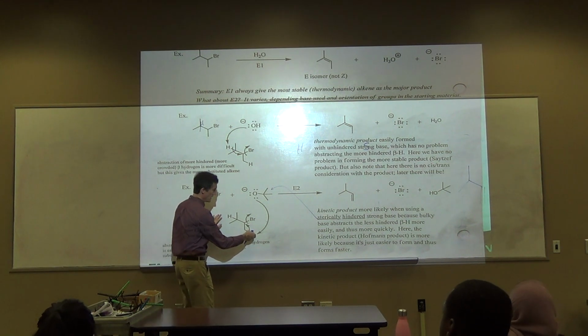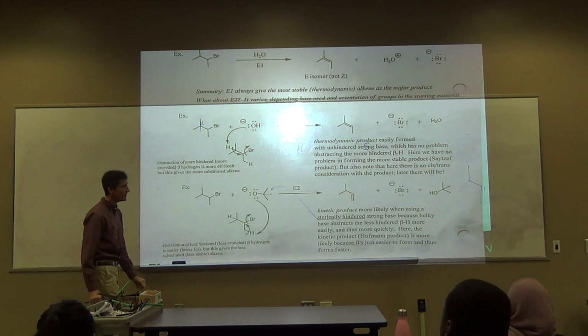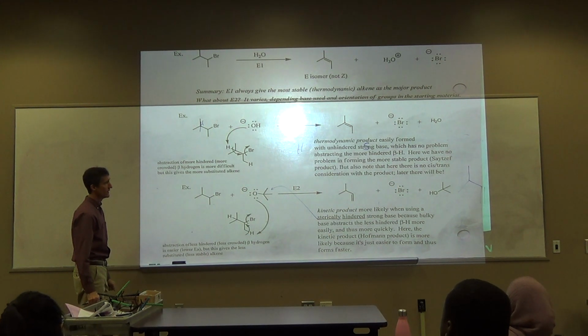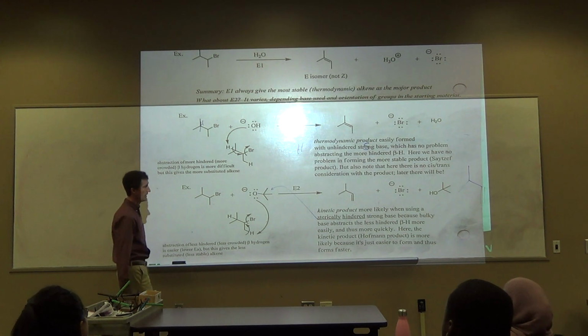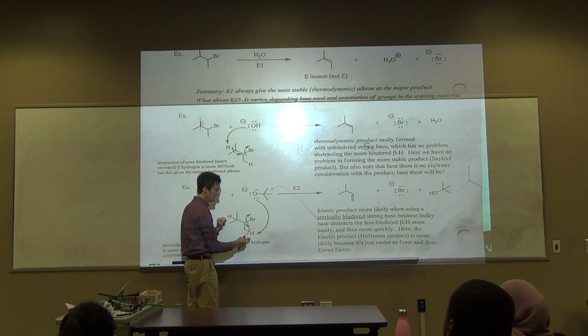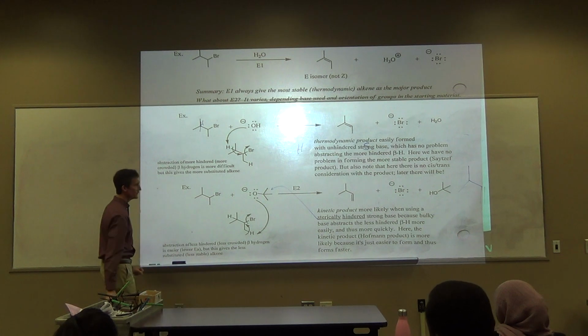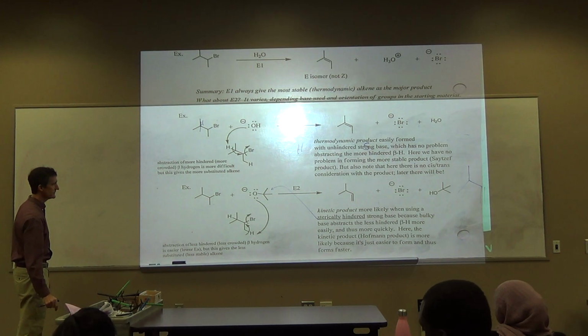But then you may ask, well, that doesn't lead to the best product. And I would say, I know. But the reason you don't get the best product is because you're using a sterically hindered base. And thus, what can we point to that really gets this?